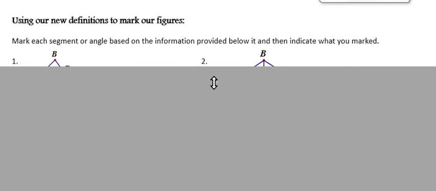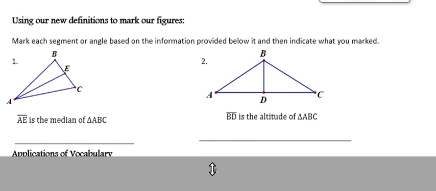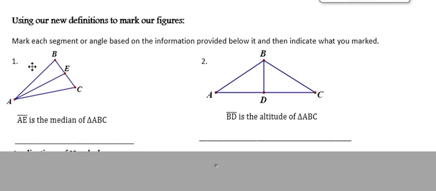Okay, in order to use our new definitions, we're going to have to mark our pictures as they're given to us. So it says mark each segment or angle based on the information provided below, and then indicate what you marked. So the first statement says that AE is the median of triangle ABC. So remember, a median starts at a vertex to the opposite side at the opposite side's midpoint.